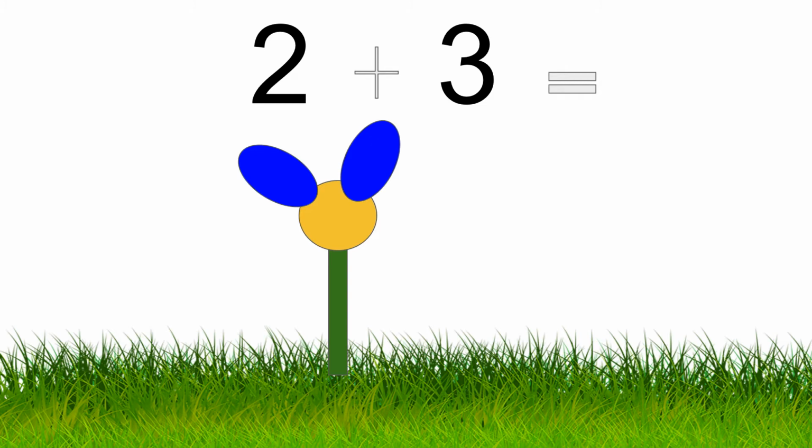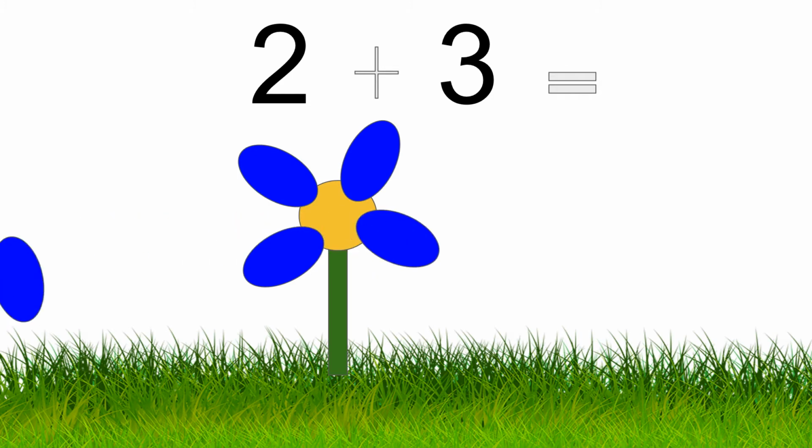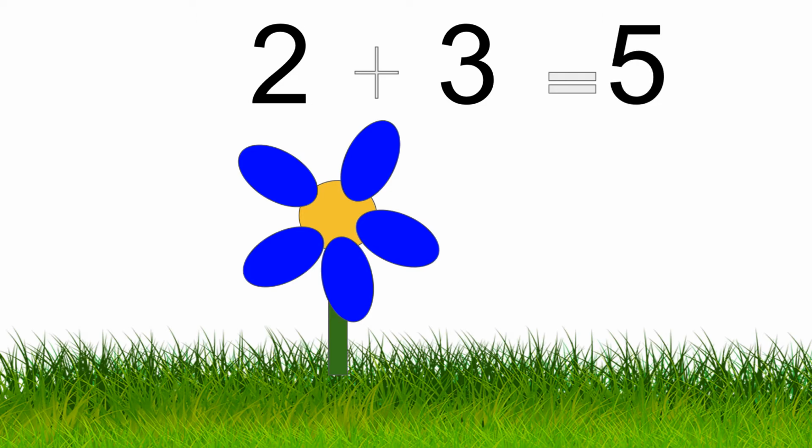Let's add 3 more petals. 1, 2, 3. So now we have 2 plus 3. Let's count or add up the blue petals. 1, 2, 3, 4, 5. So 2 plus 3 equals 5.